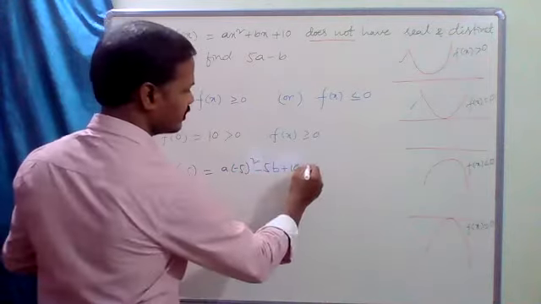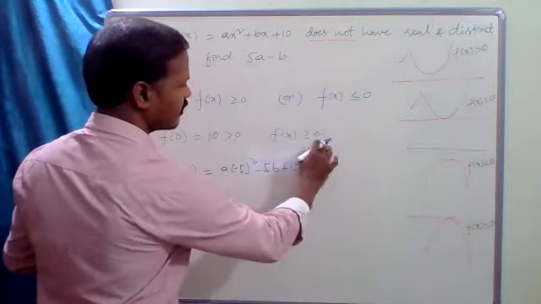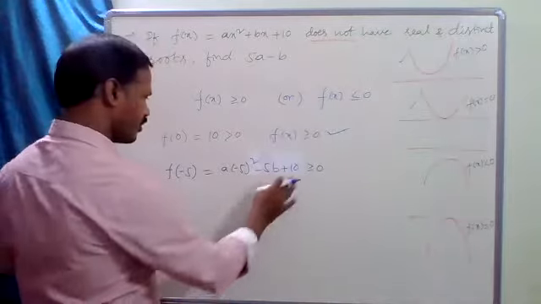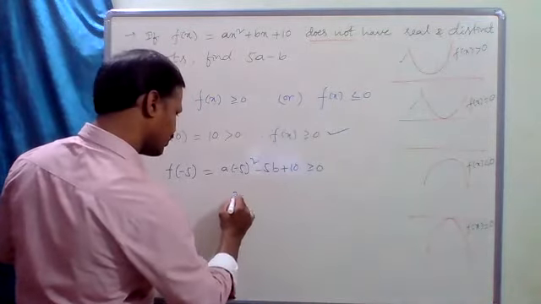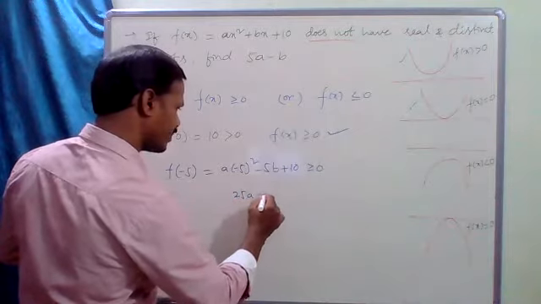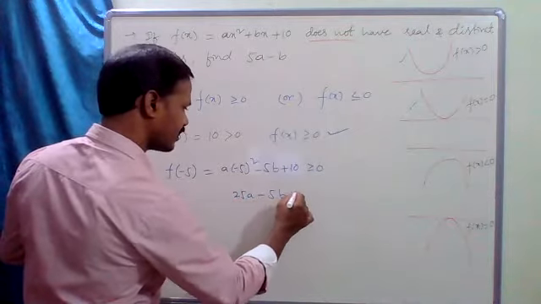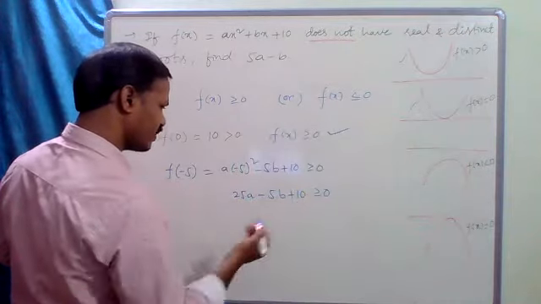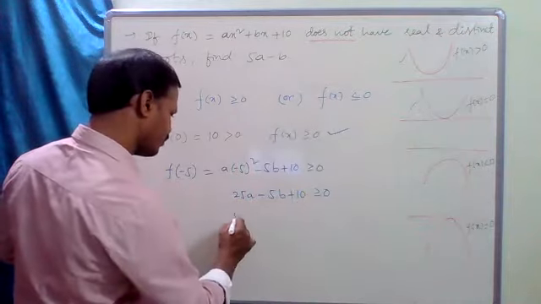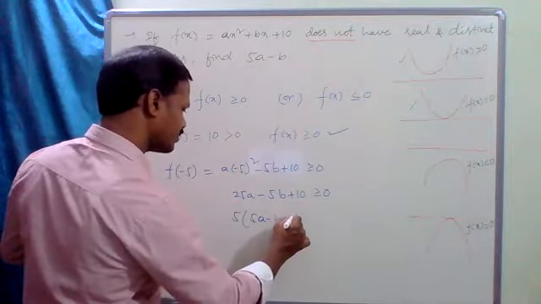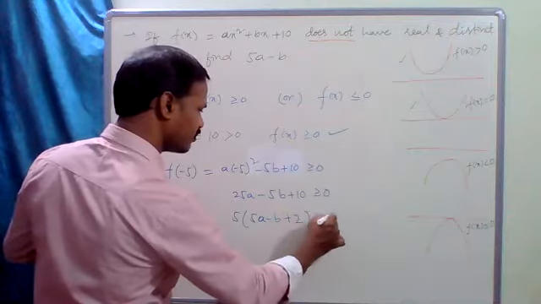Which is greater than or equal to 0, because our case is f of x greater than or equal to 0. Now this is 25a minus 5b plus 10, greater than or equal to 0. Take common 5: 5 into 5a minus b plus 2 is greater than or equal to 0.